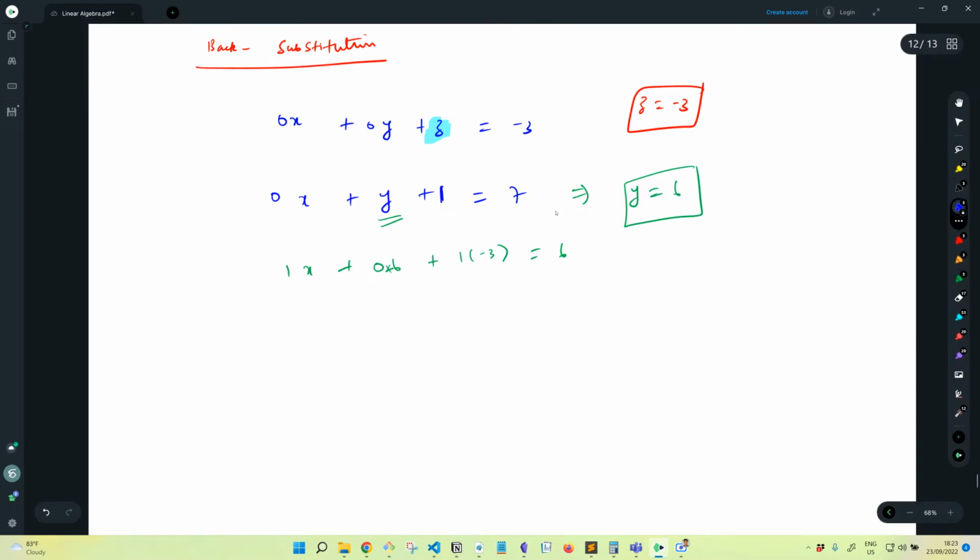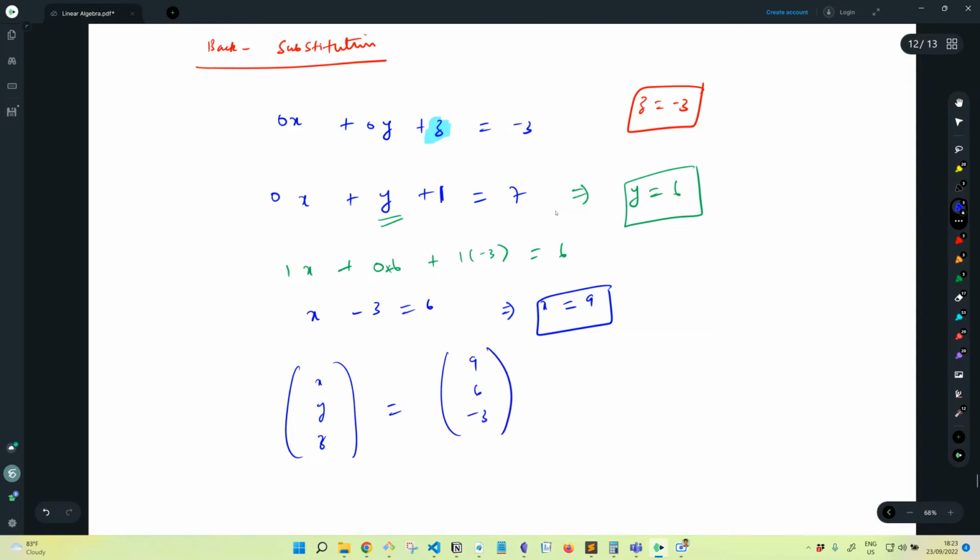Again you see this equation has exactly one unknown, so it can be easily solved. x minus 3 equals 6, which means x equals 9. So the solution that I get is x, y, z equals 9, 6, minus 3.